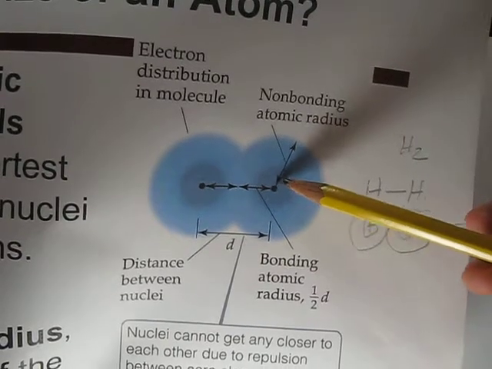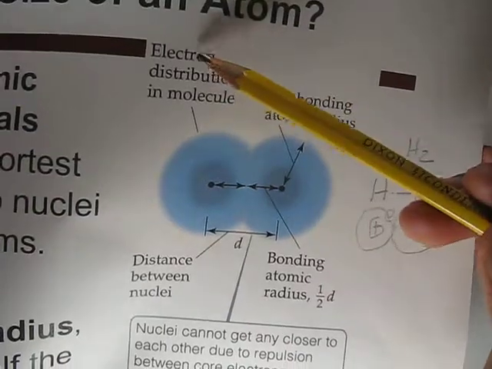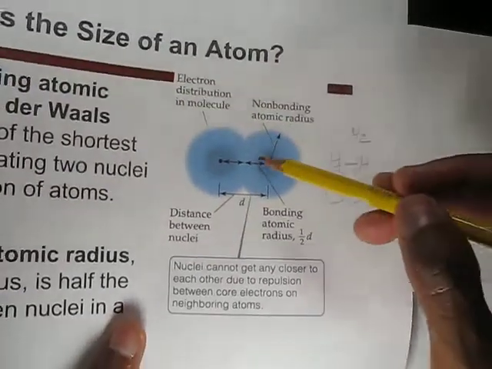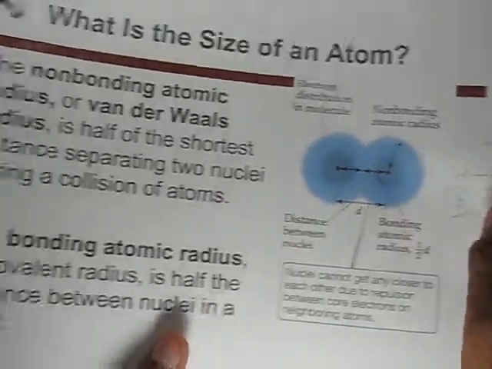The non-bonding atomic radius is the distance from the nucleus to the outermost shell, the electron distribution in the molecule, and this blue cloud shows the electrons distributed.